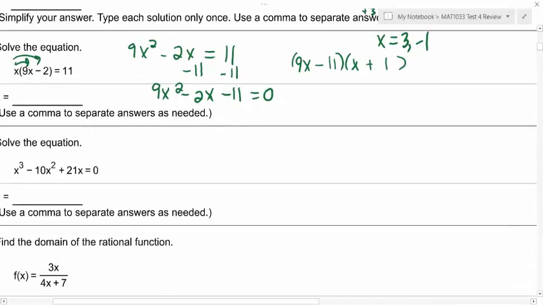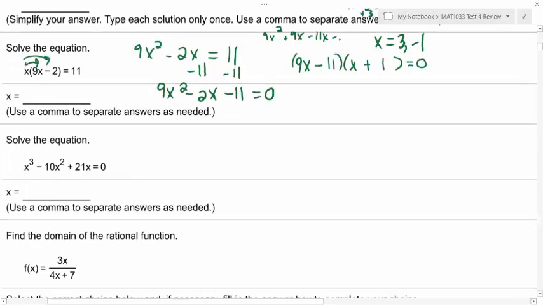Good, because if you FOIL that out, which you can do off to the side, I'll do it right above it, you get 9x squared plus 9x minus 11x minus 11, which does combine back to the original problem. Very good. All right. So then we use the zero product property one more time. So what solutions does it give us this time?